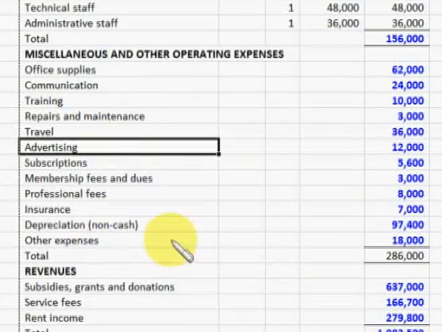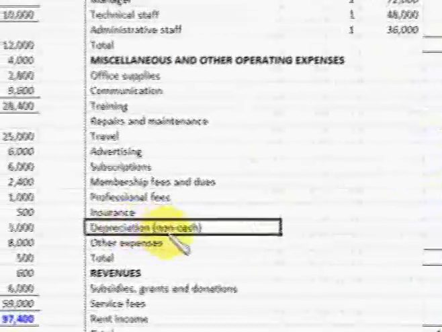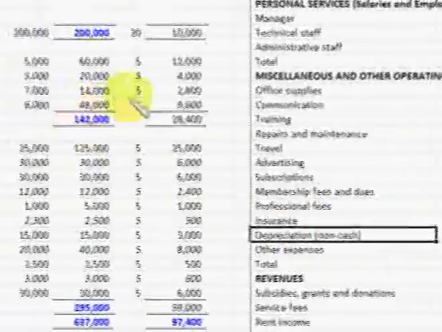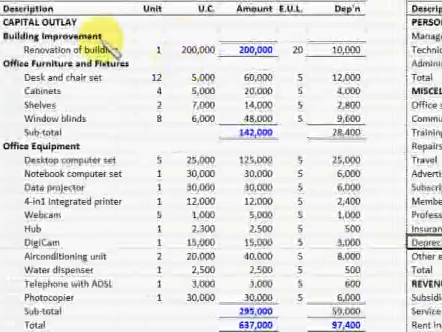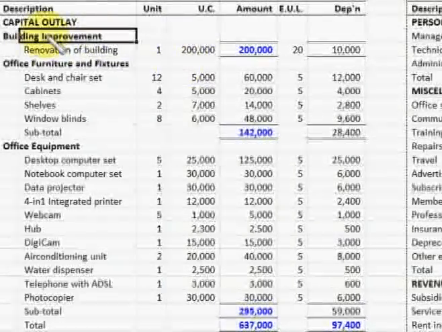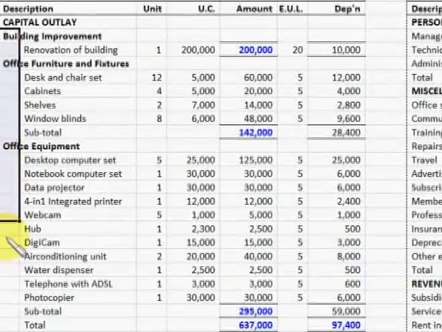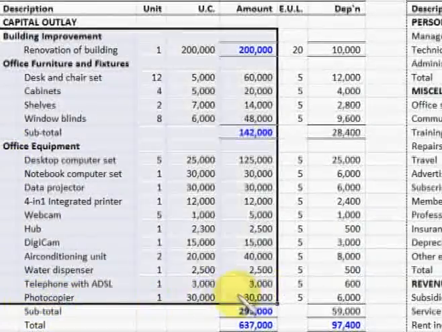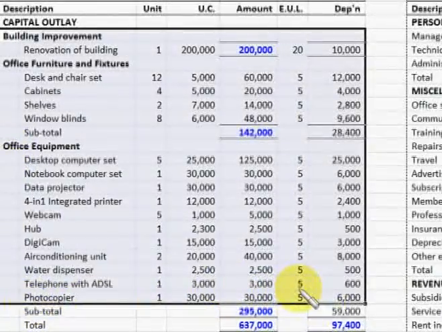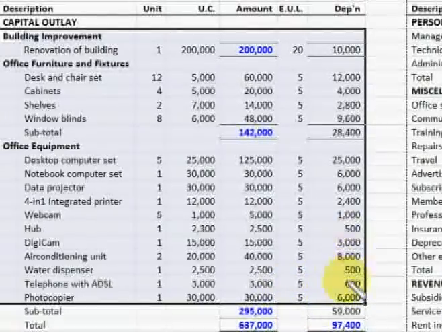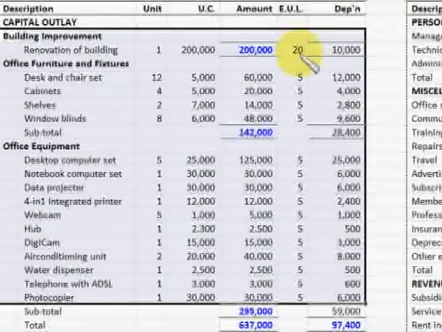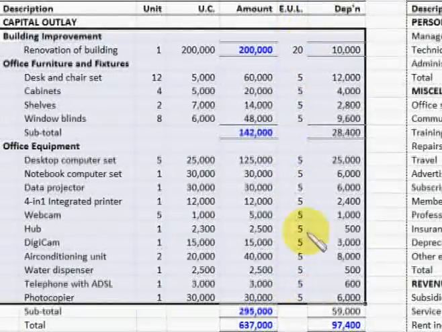This includes the non-cash expenditure of depreciation, because these capital outlays, building improvement, office furniture and fixtures, are depreciable assets. So for the building renovation, the estimated useful life is 20 years, and for the rest, 5 years.